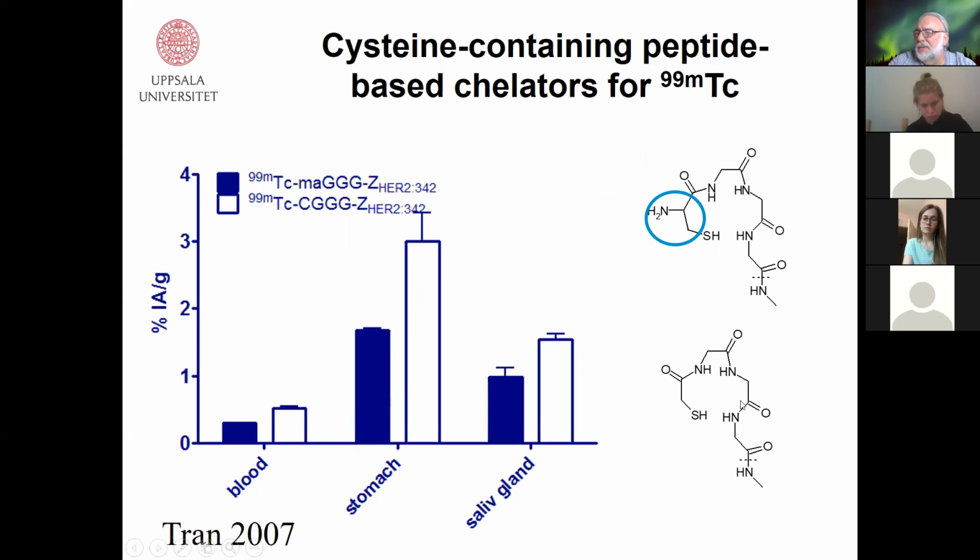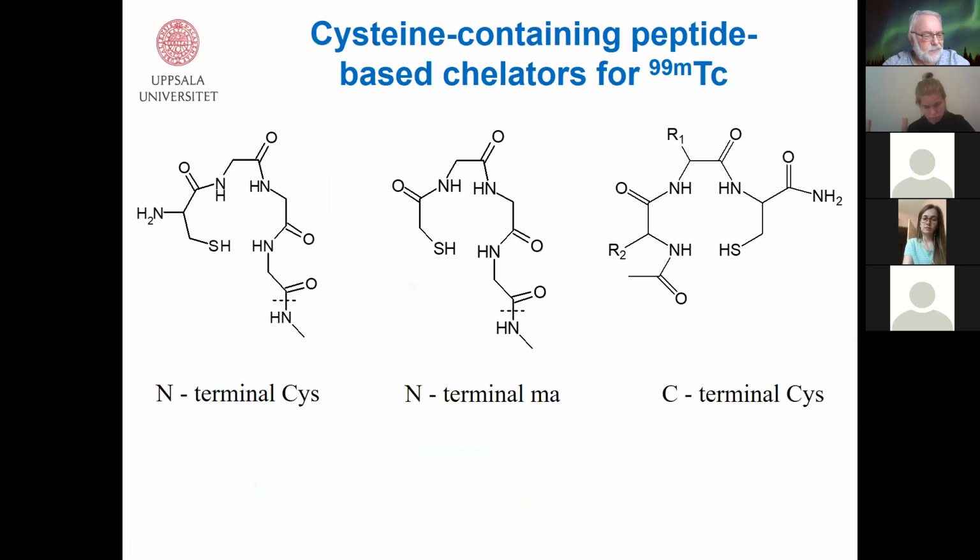If we compare with MAG3 complex, which was not a champion in stability, we could see all the signatures of instability: high activity in blood, which means that we have translation to blood protein, and higher activity in stomach and salivary gland, which indicate presence of reoxidation in the blood and loss of activity from the complex. Definitely no good.